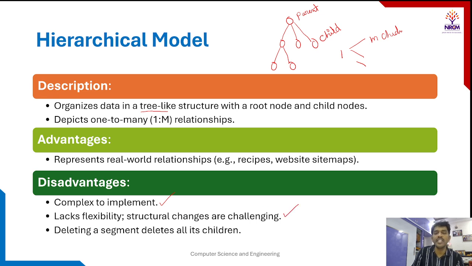If you do any changes, it is not as easy as compared with the other models. And deleting a segment deletes all its children. For example, if you try to delete this one, it is going to give an error for the below children also, got it? This is the hierarchical model.